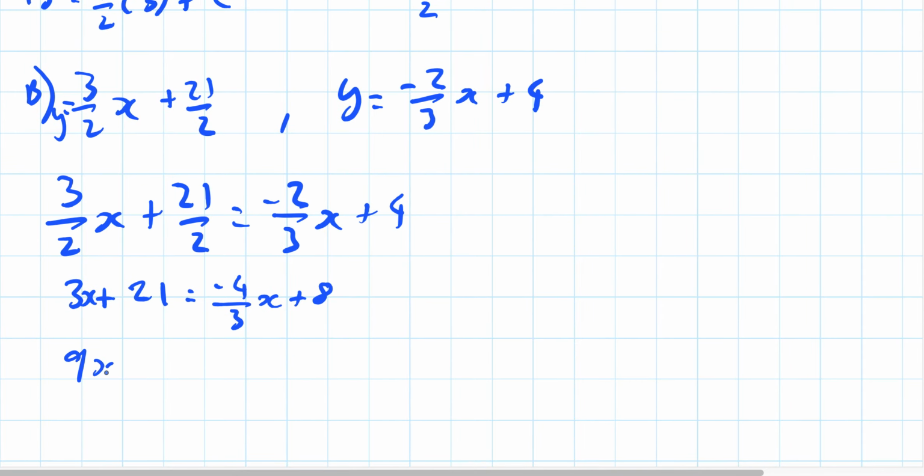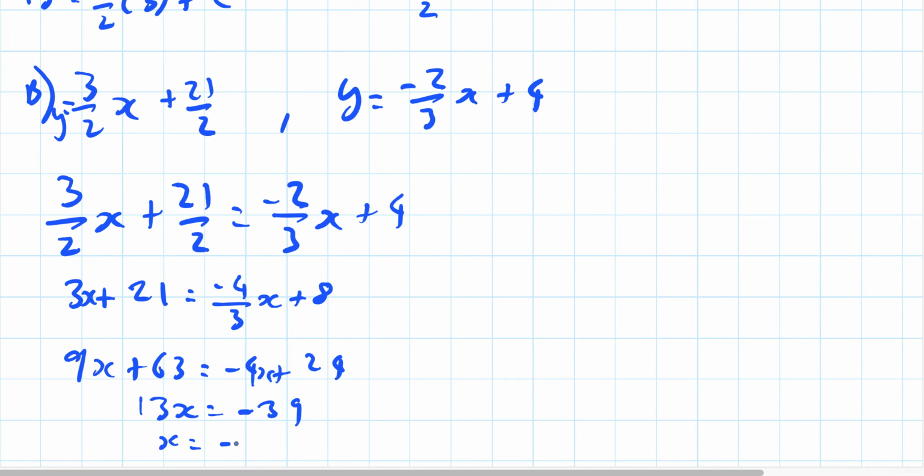So 9x plus 63 equals minus 4x plus 24. Rearrange everything, 13x equals minus 39, x equals minus 3.